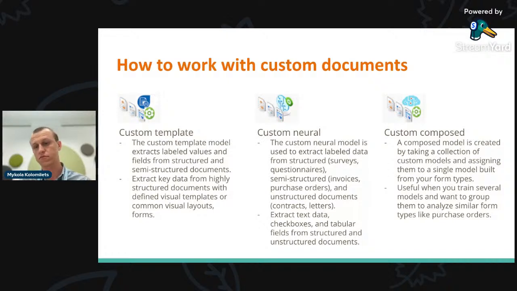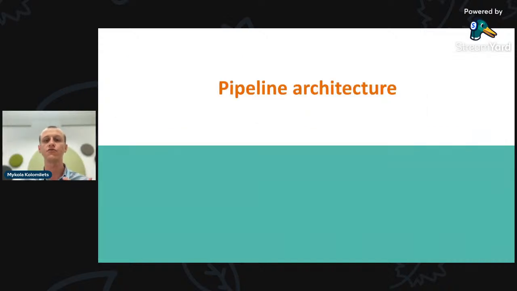And okay, AI helps with understanding and extracting data, but around this model, around AI, we need to build infrastructure. And here I want to share a pipeline architecture, which is just a different type of event-driven architecture, and I will tell you why.